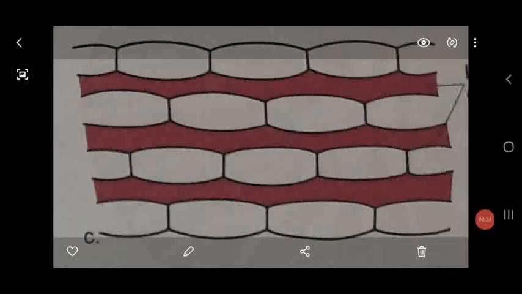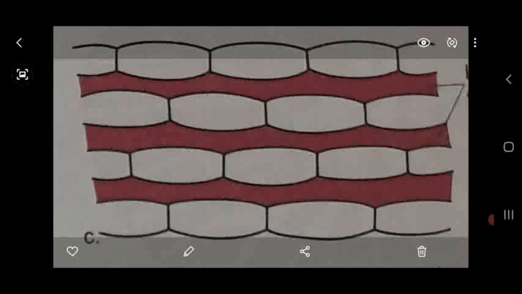Dear students, this is another type of collenchyma. The cells are arranged in rows. Between the rows only, they have the thickenings. So this type of collenchyma is called lamellar collenchyma. So these are all the three different types of collenchyma.